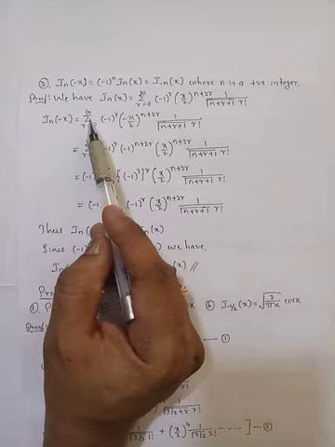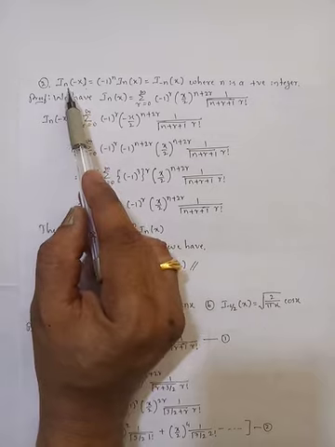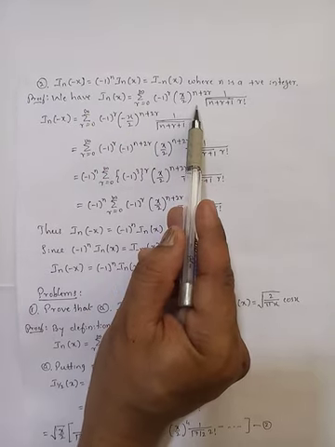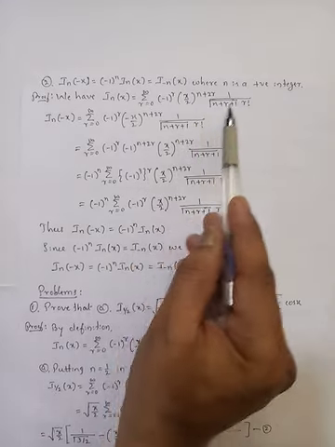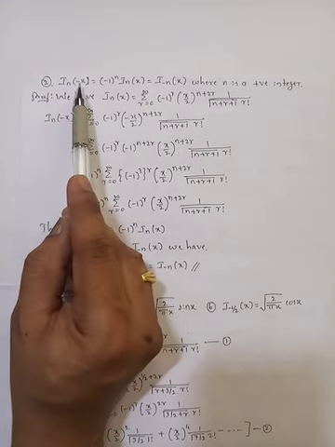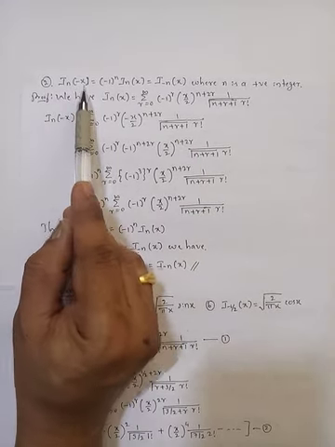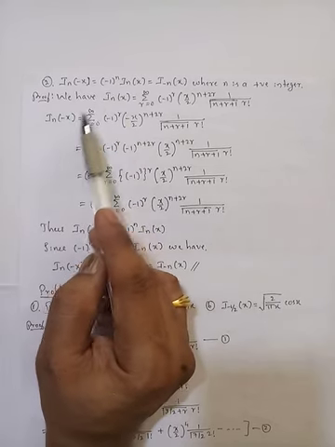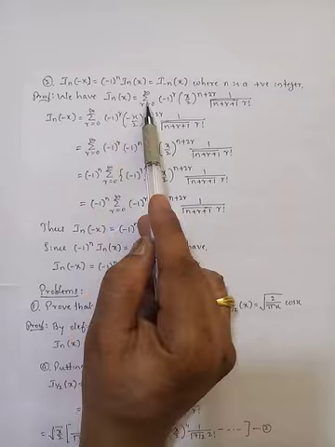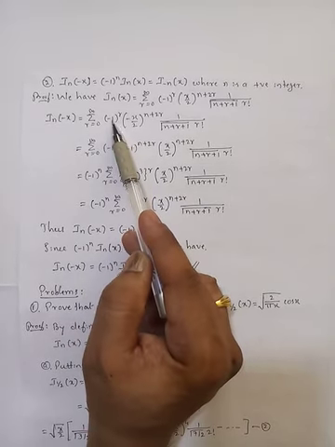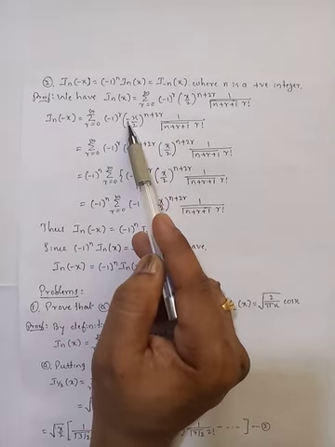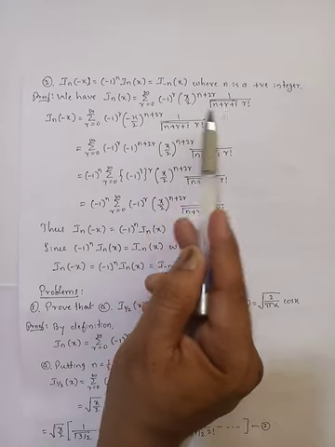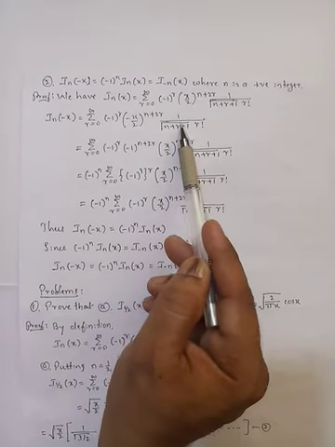Now taking the Bessel function Jn of x, then in this Bessel function we take x equal to minus x. As by the result, we take x equal to minus x: summation minus 1 raised to r, minus x by 2 raised to n plus 2r, and this term as it is.